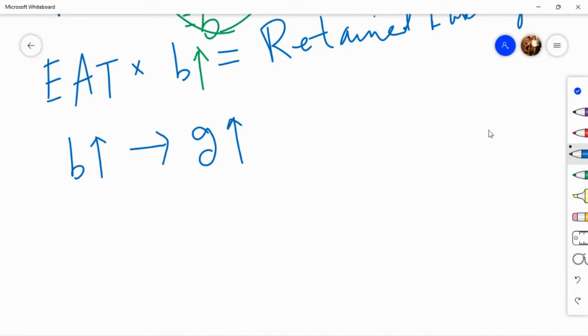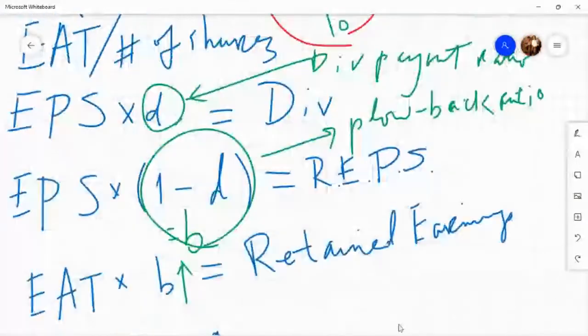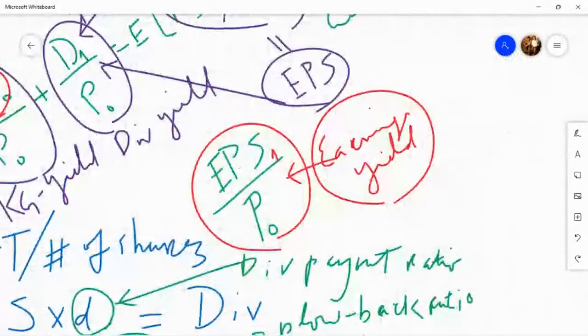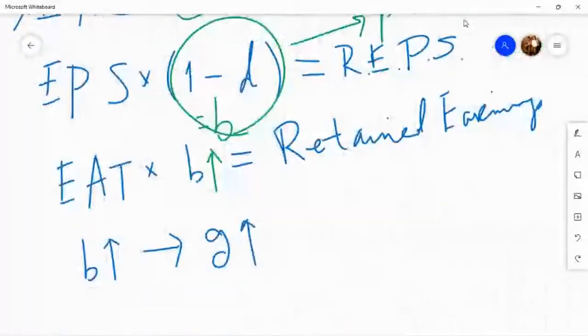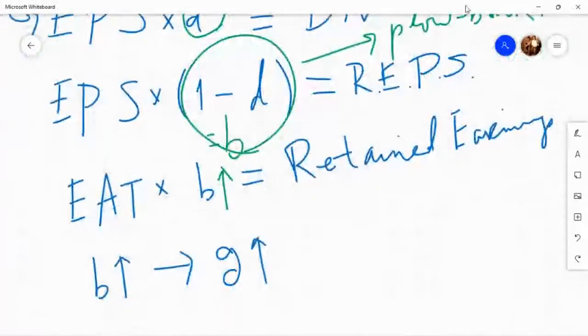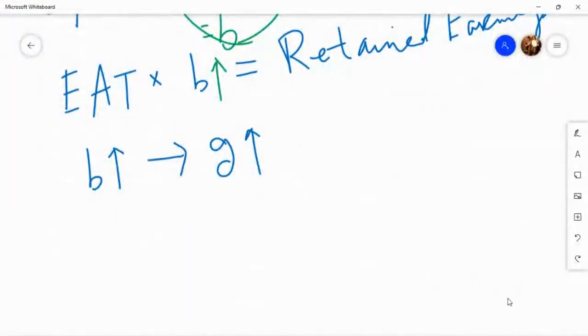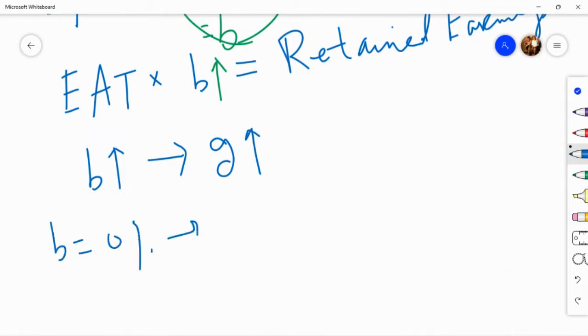So then it also means that if B is 0, that means the dividend payout ratio is 100%.